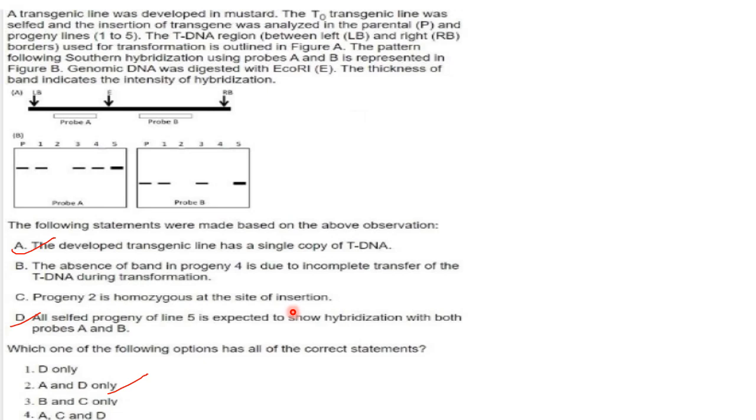Progeny 2 is homozygous at the site of insertion. Probe A is not giving a band in 2, probe B is also not giving a band in 2. So that means there is no DNA insertion; it is not a transgenic plant. So C is incorrect.